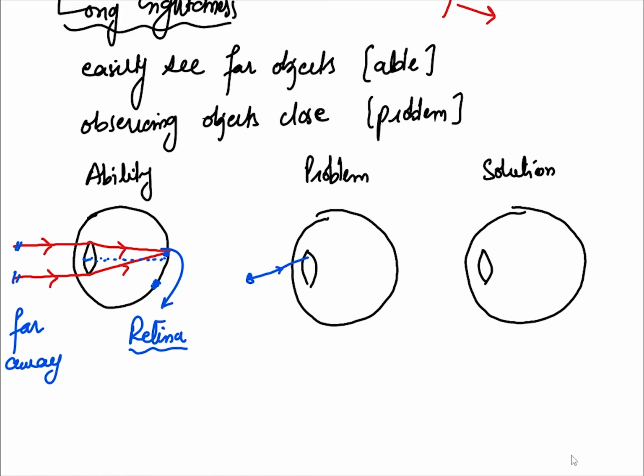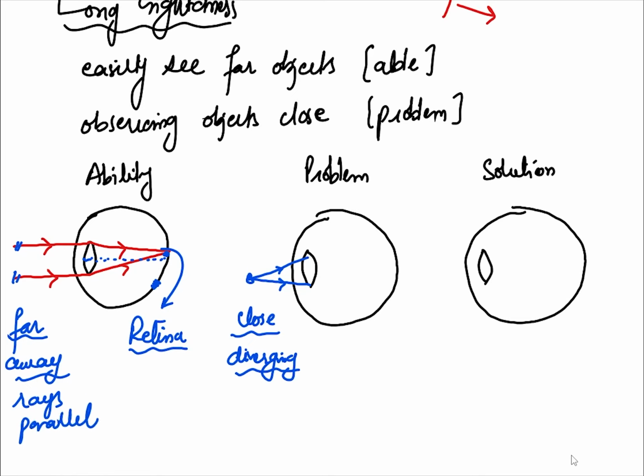They are supposed to pass to the edges of the lens. So this object is close and its rays are diverging, right? Far away object, the rays are parallel, and you are supposed to know that information and keep that in your memory.